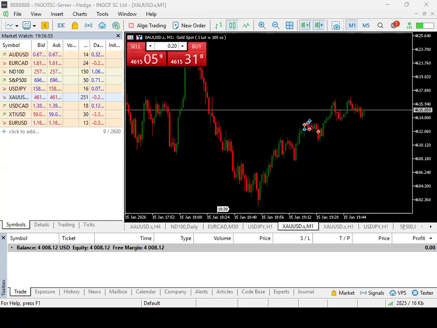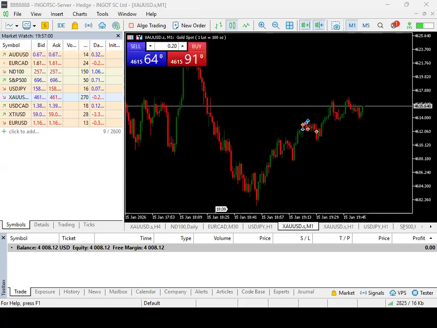What is the minimum amount you recommend for a starter? Oh man, that's a tricky question, because it's not about the minimum amount. It's about what would get you whatever you want. The minimum amounts that you can find, like right now in Ingot, you can find even $10 or $20.